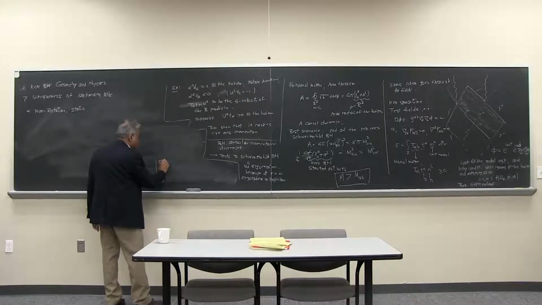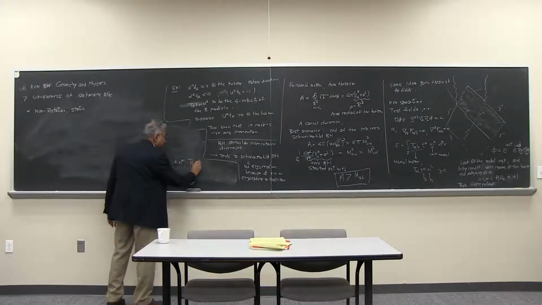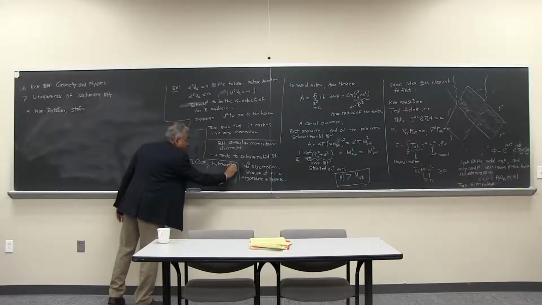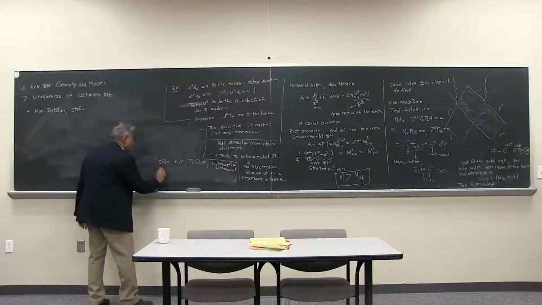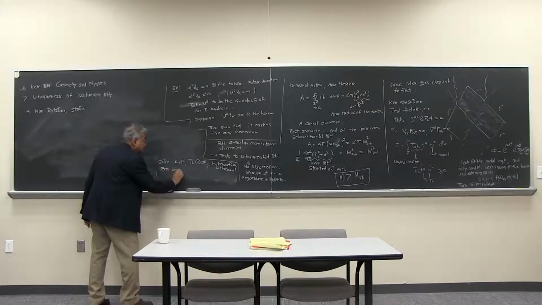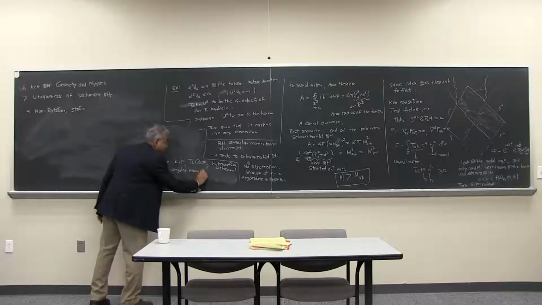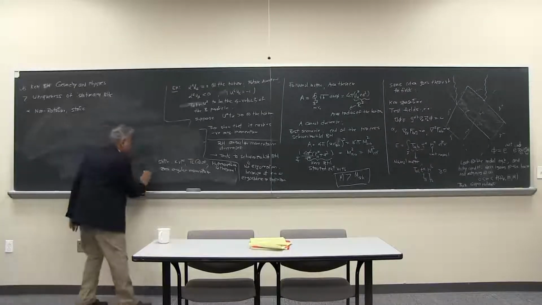Static just means we have a Killing vector field, which is time-like at infinity, and is hypersurface orthogonal. And such spacetimes have no angular momentum, because the angular momentum is directly related to the twist of the Killing vector field that we introduced last time.